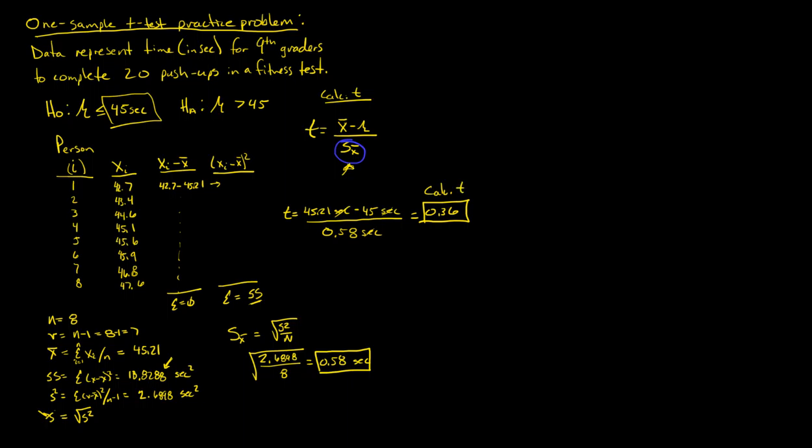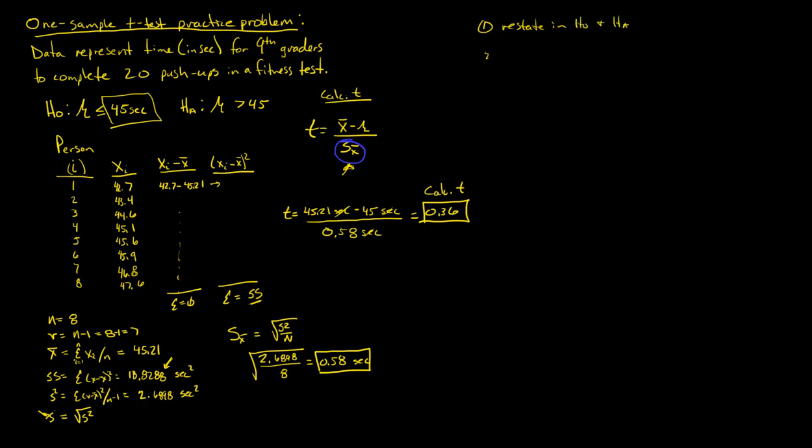Right? And basically then what we need to do, if you remember our steps again: the generic step 1 was to restate into a null and an alternative.